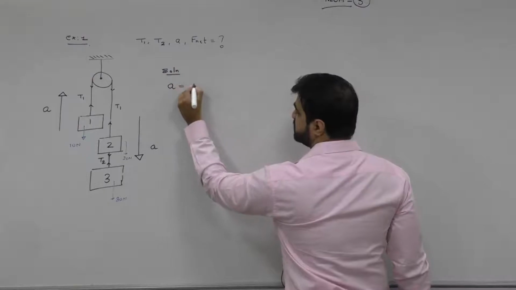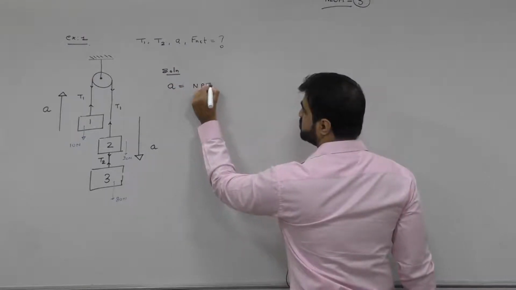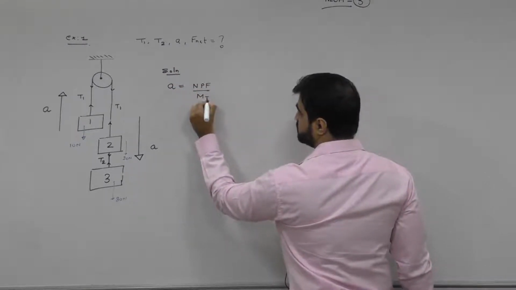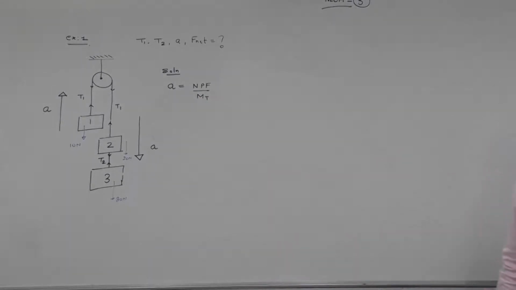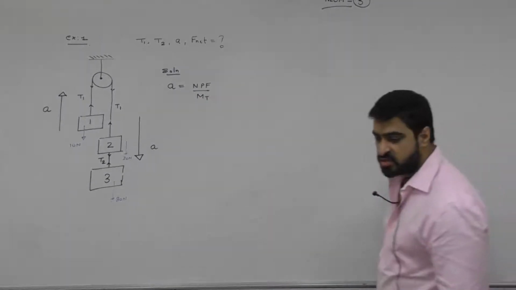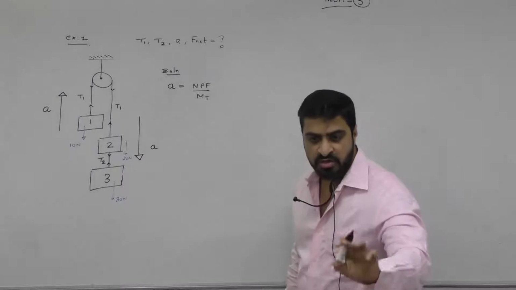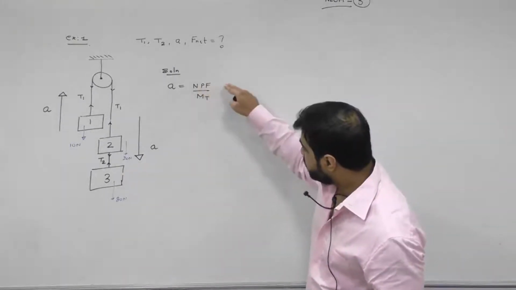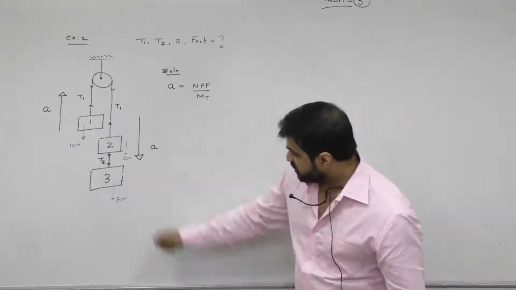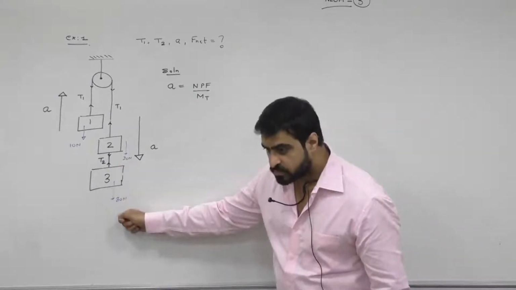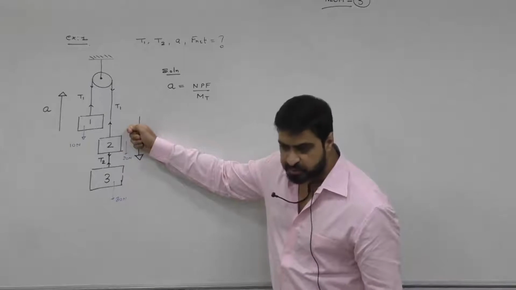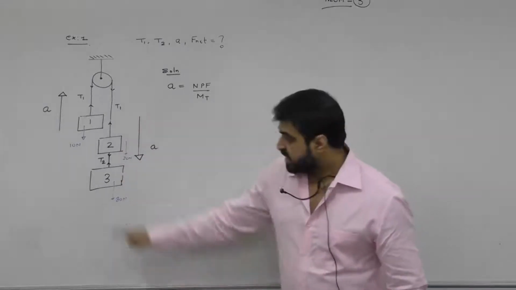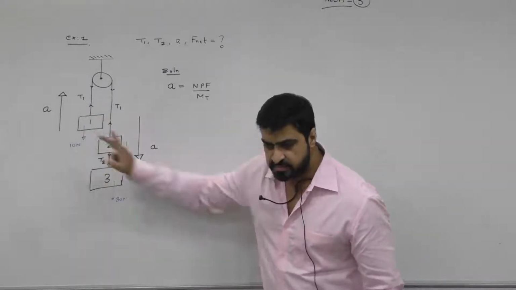Acceleration is defined as net pulling force upon total mass. What is the formula for common acceleration of the system? Net pulling force upon total mass. Don't write, listen first. Net pulling force. See, over here he is pulling with 30 and 20. So this side it is pulling with 50 and that side is pulling with what? 10.